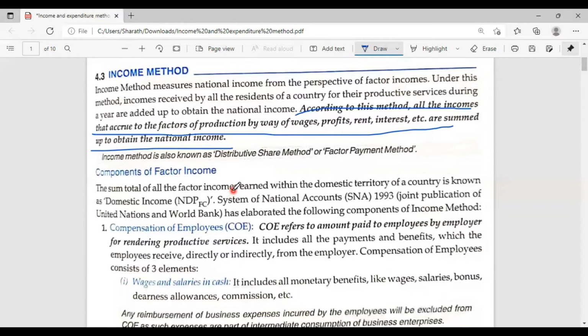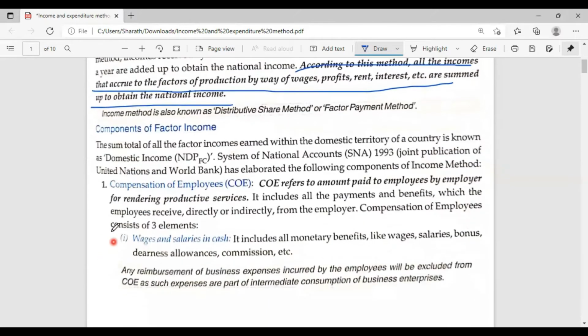So let's see the very first one, that is compensation of employees, COE. Compensation of employees, in layman language, we call it salary, wages.